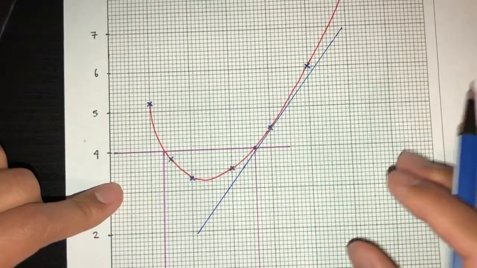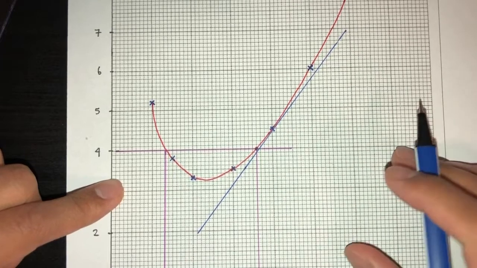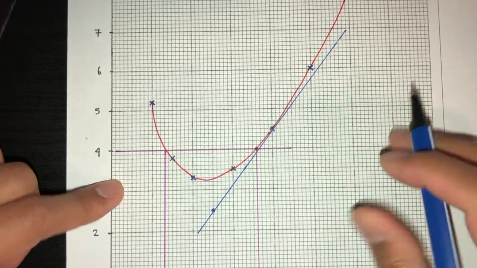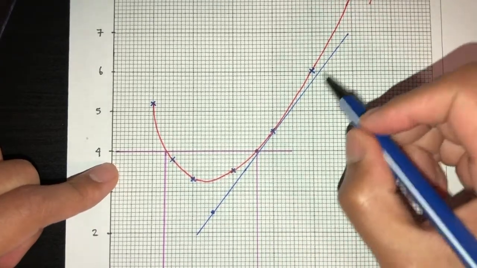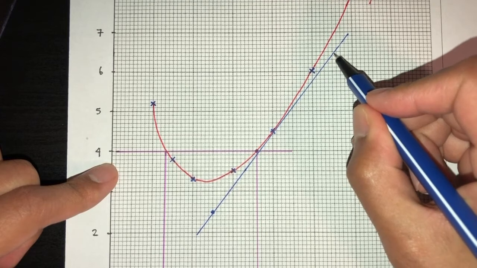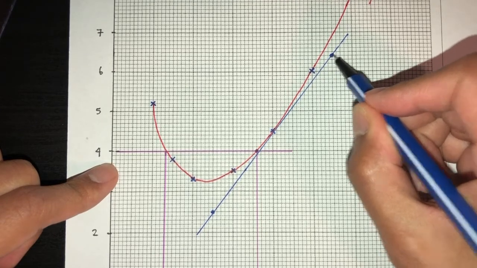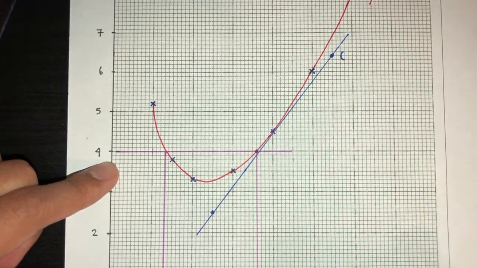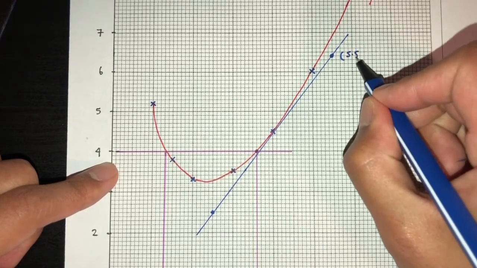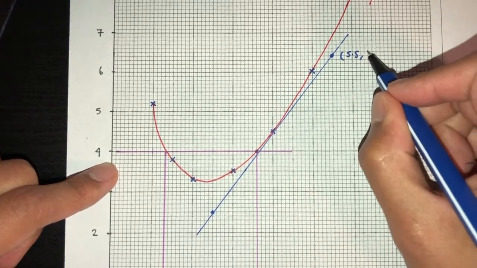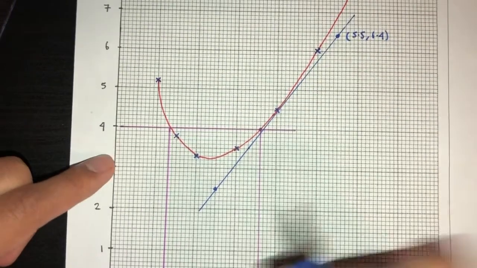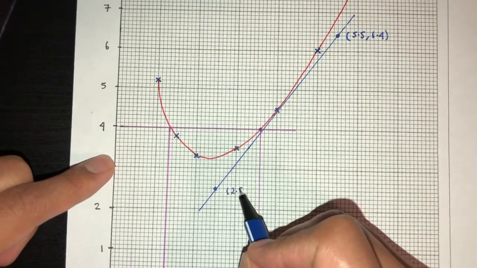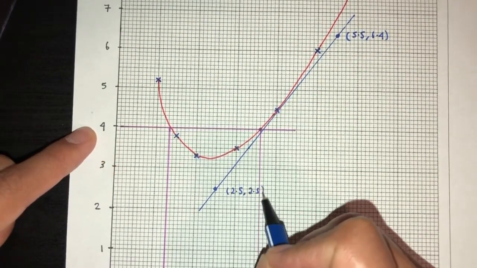Okay, this is your line. So we have to find points on this line. I will choose this point, and then this point. So this point is 5.5, 6.4, and this one is 2.5, 2.5.